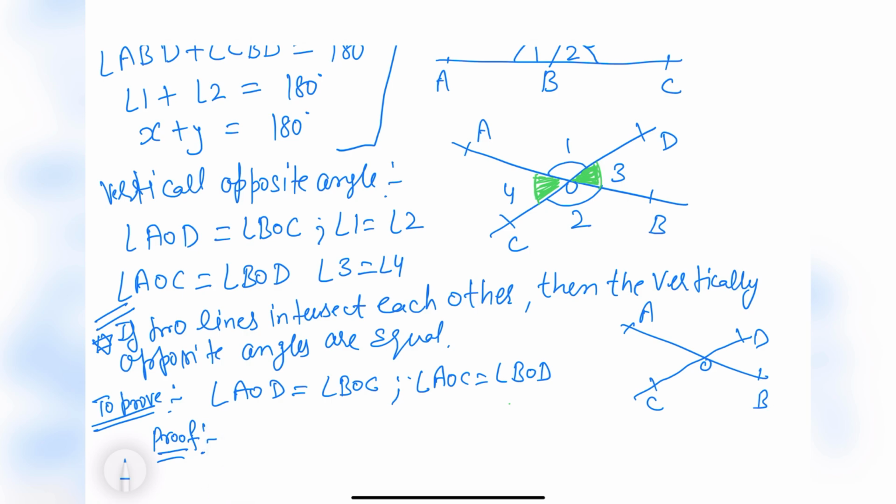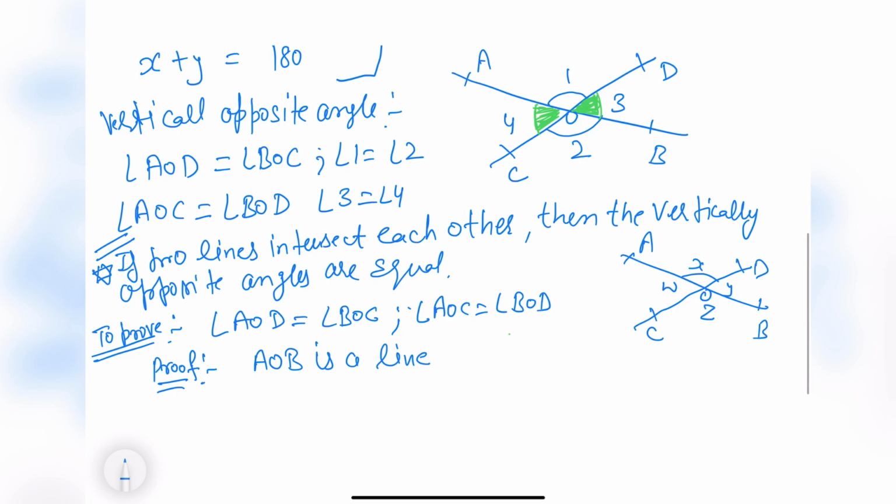You can prove this theorem by using the number or letters, like we took it as X, Y, Z, W. So as we know, AOB is a line. On a line, a linear pair is formed. So that means X plus Y is equal to 180 degree, as this is a linear pair.